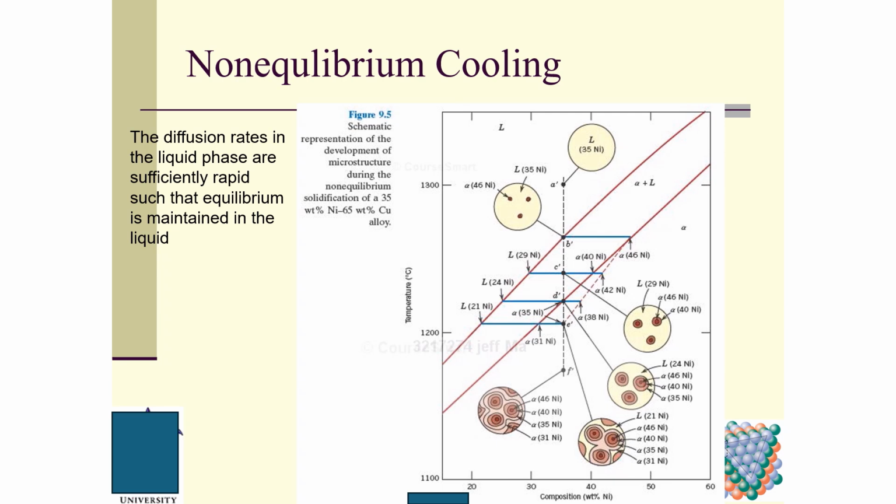We talk about non-equilibrium cooling. So the diffusion rates in the liquid phase are sufficiently rapid such that equilibrium is maintained in the liquid. And here, you can see a schematic representing the non-equilibrium solidification of 35% nickel. You can see at the very beginning, liquid, and at this point, these are dots, alpha phase and liquid phase.